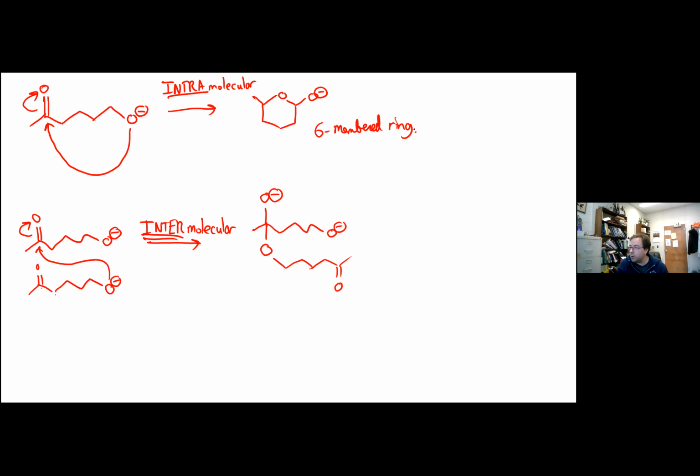Say 2 for intra and 1 for inter. I don't think I said any number. I said intra is fast, inter is slow. Except, do intra if you get a 5, 6, 7, 8, 9 membered ring.